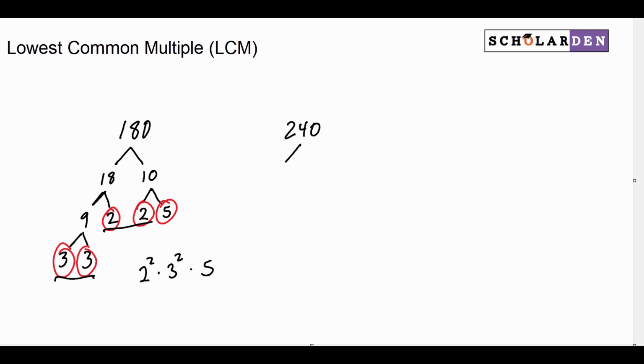Now let's do the same thing for 240. I'll start with 24 times 10, and I'll go with 8 times 3, 4 times 2, and 2 times 2 there. And over here I'll go 5 times 2. And again, I've ended up at primes.